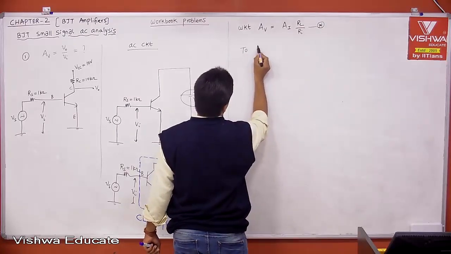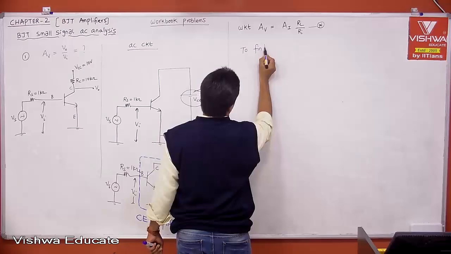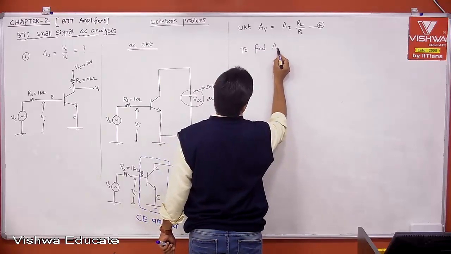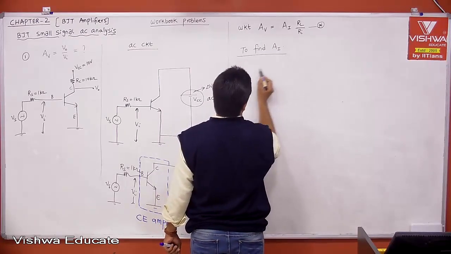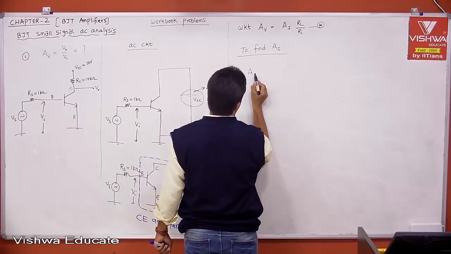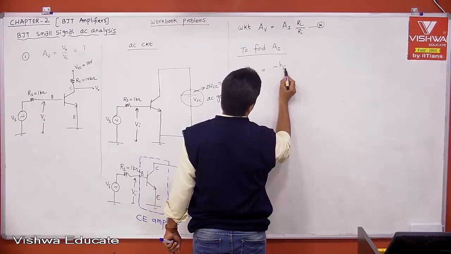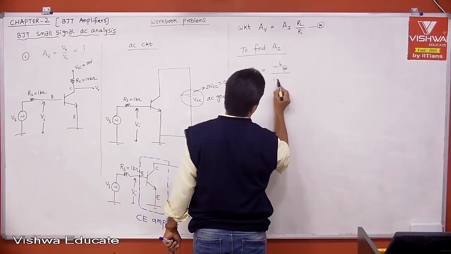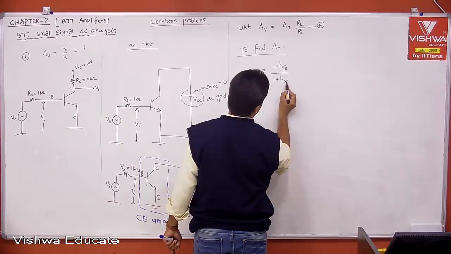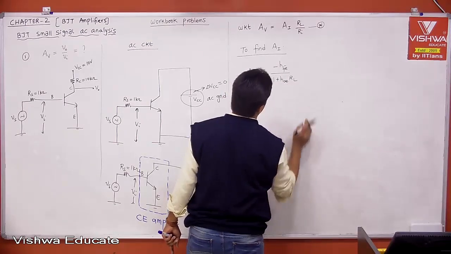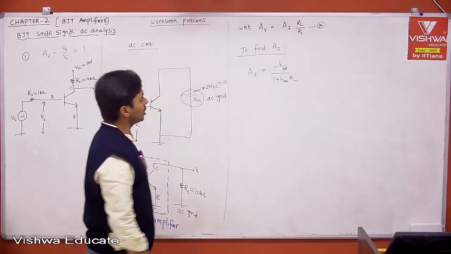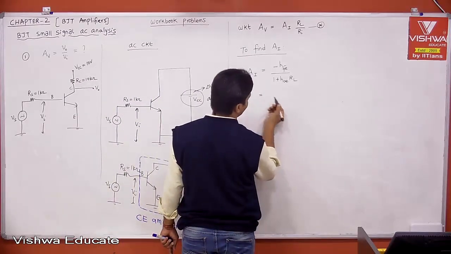To find AI, what is AI? AI is equal to, because this is common emitter, I am taking minus HFE divided by 1 plus HOE into RL. Then substitute, you will get the answer. What is the HFE value?